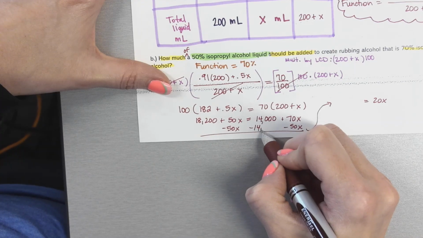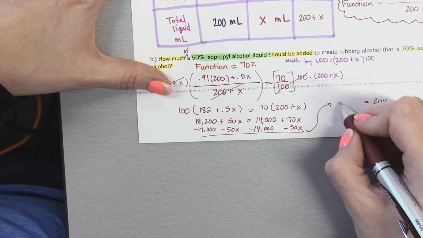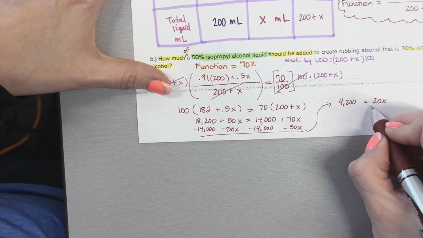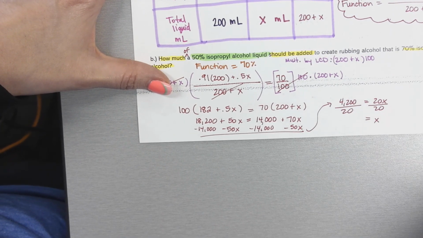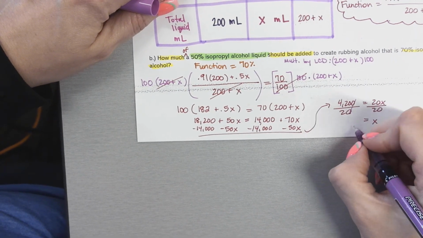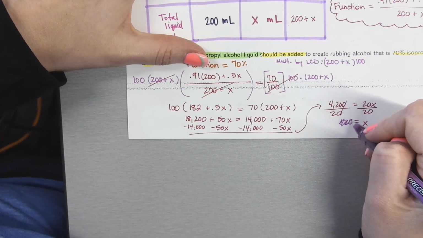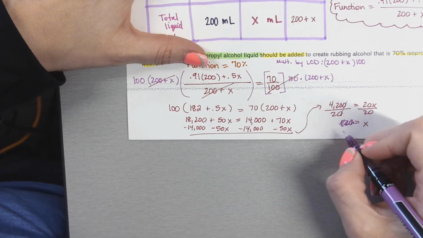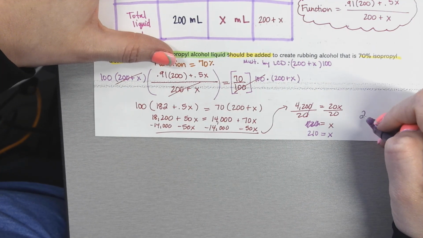And then if I subtract 14,000, then we get 4,200. So when you divide by 20, okay, when you're doing this, that's why it takes time to do this. So the 420 divided by 2, you should get 210, and then you're going to put your units on there.